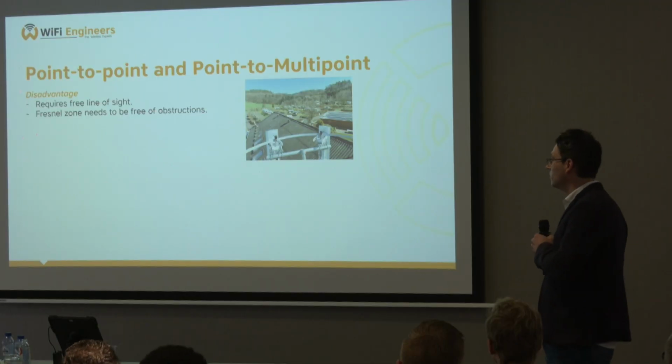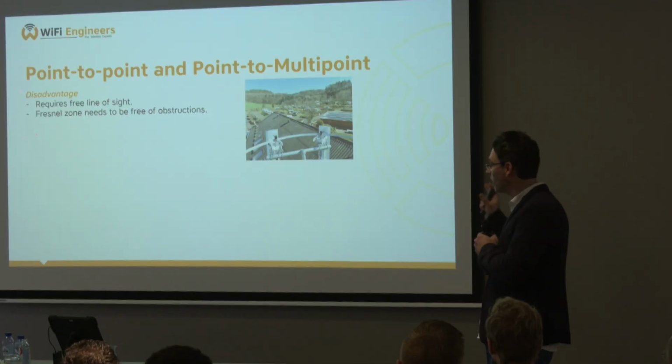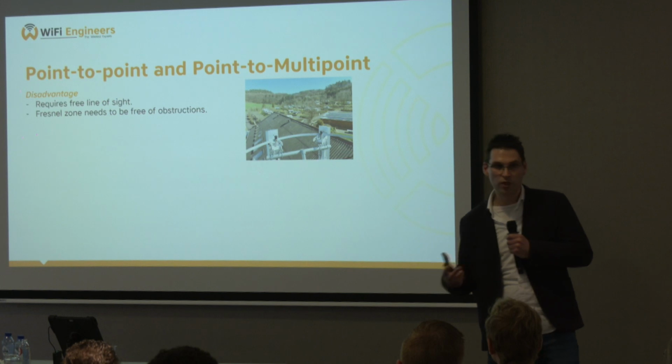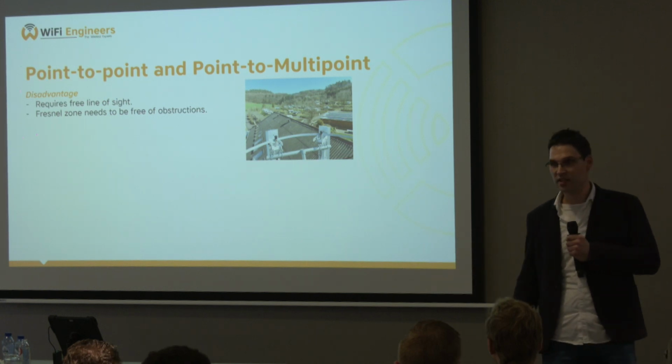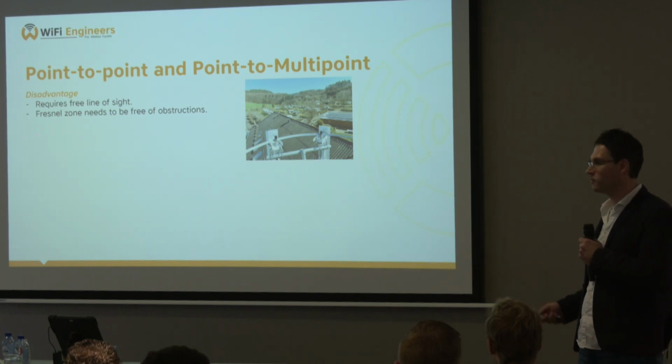There are also some disadvantages when you use these solutions. They require line of sight. The Fresnel zone, I will come later to this and explain to you what the Fresnel zone is, needs to be free of obstructions.